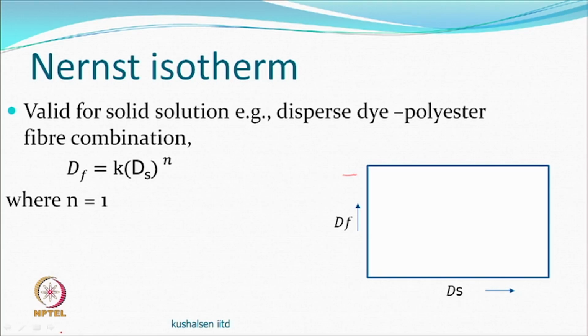The same power isotherm, when the value of n becomes 1, just becomes dF = k dS. It also has a saturation limit, but it goes as a straight line.